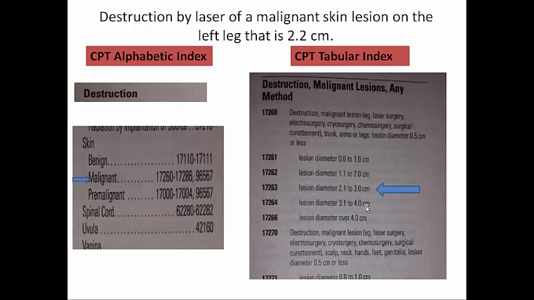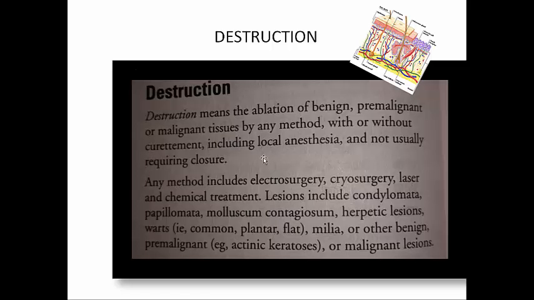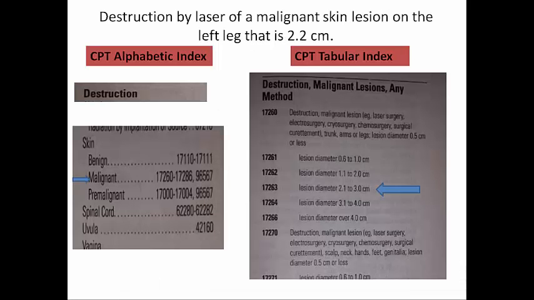I'm going to go to the tabular index and I'm going to start with 17260. Here's my destruction. And again, on that screen before, I can read any of the guidelines or any other instructional notes that are there. So I start with 17260. I see it's destruction, malignant lesion. Here's my laser surgery.